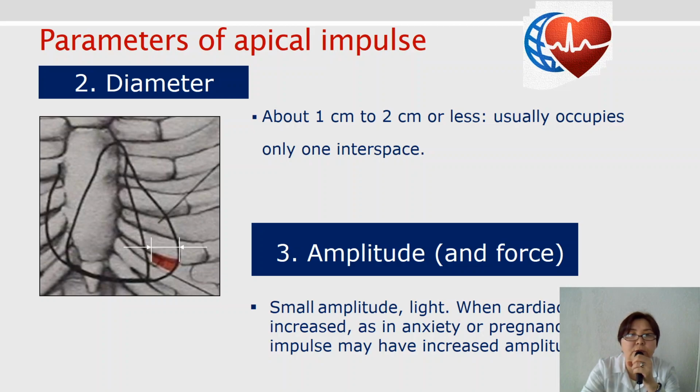It usually occupies only one interspace. Next parameter is amplitude and force. Small amplitude, light. When cardiac output is increased, as in anxiety or pregnancy, the apical impulse may have increased amplitude.